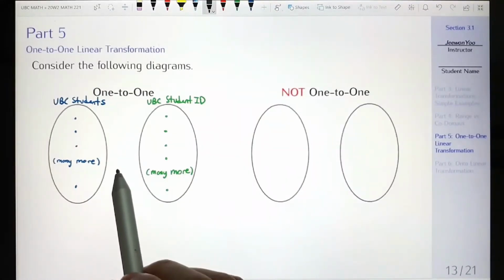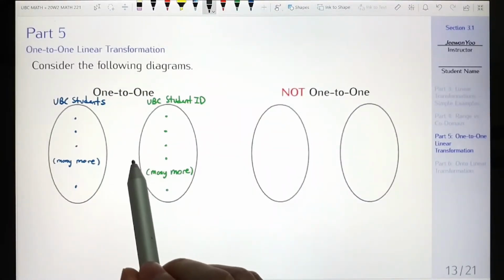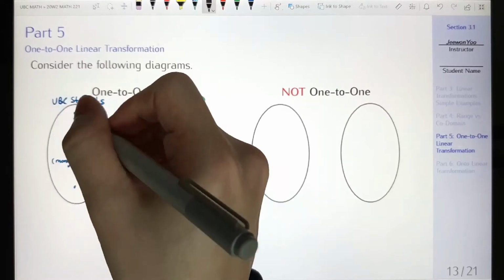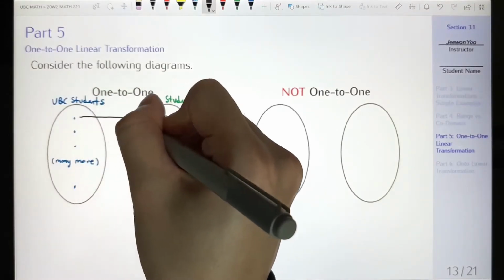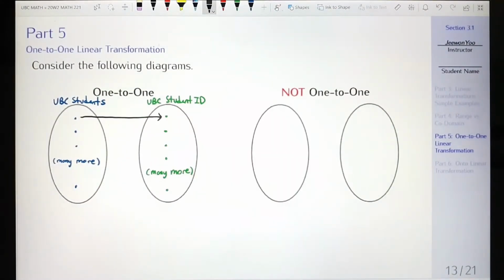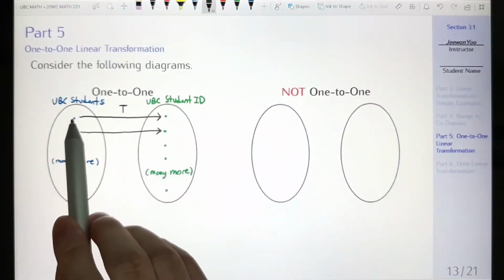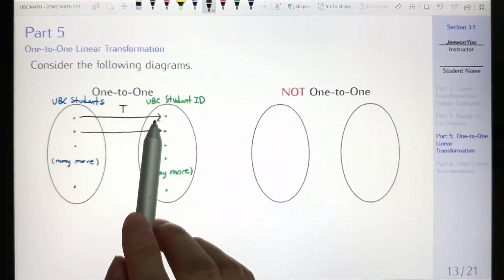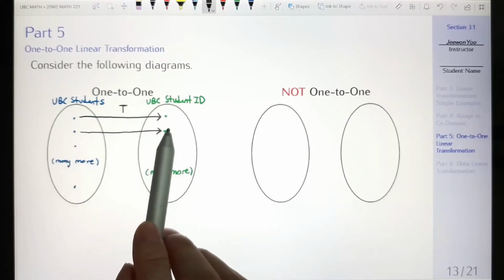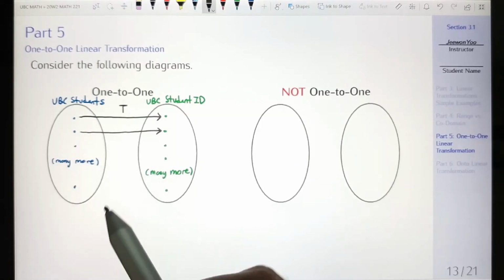An example of a one-to-one transformation is when each student has a unique student ID. So the first student takes this student ID, the second student takes this student ID, and so on.